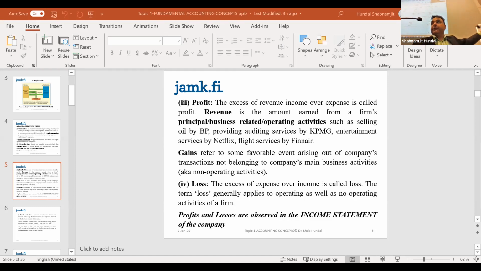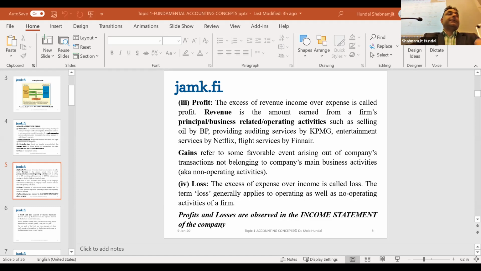Your cost, if you have the profits, if you are successful, you are able to pay the cost, and at the same time, you are able to make profits. So this statement of income is some kind of a proof that your company is successful or a failure, but you have to be very precise.